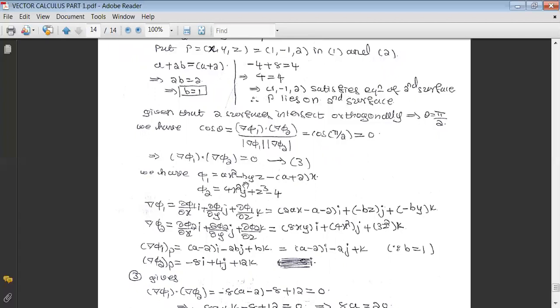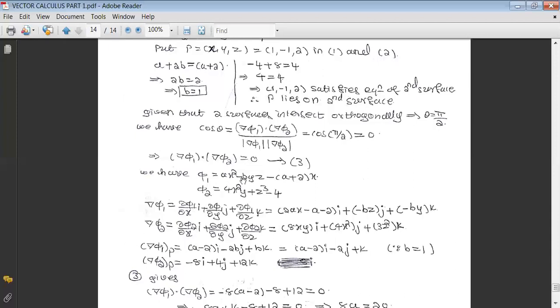Now when you go for the partial derivative of pi 1 with respect to x, we'll get 2ax minus a minus 2 into i. When you go with respect to y partially, that becomes minus bz into j. With respect to z partially, that becomes minus by into k.